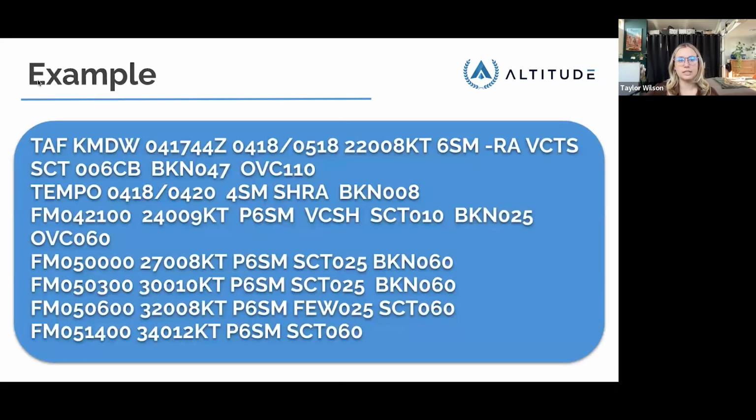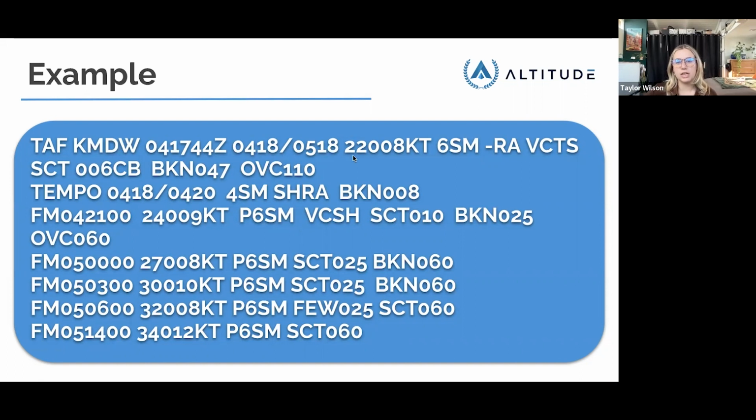All right, in this example, I'll run through this and point out some ones that we haven't seen yet. We don't need to go through each line individually, but starting off that TAF, and this is for Mike Delta Whiskey. This report was issued on the 4th at 1744 Zulu, but the period that it's valid for is from the 4th at 1800 Zulu until the 5th at 1800 Zulu.